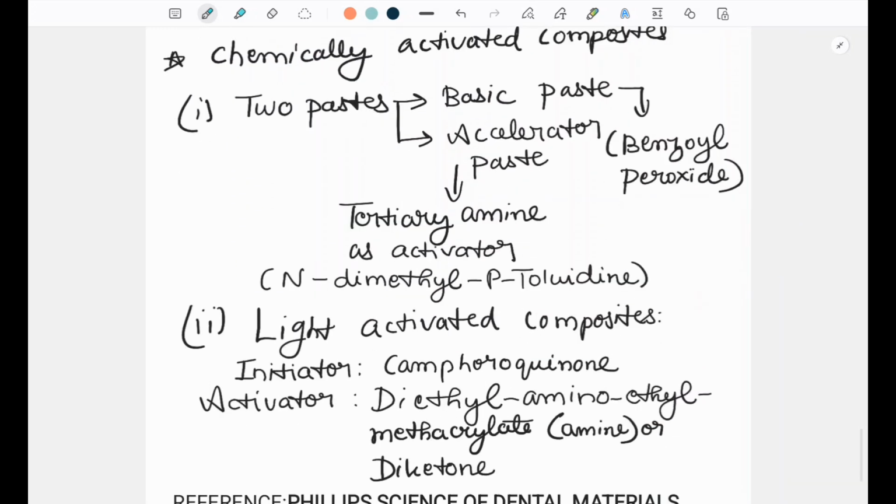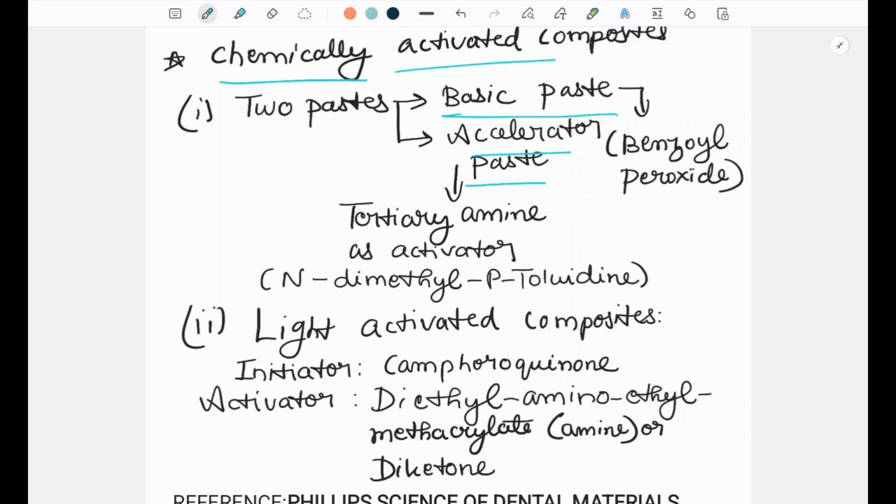And now to briefly see about the chemically activated and light activated composites. So basically they are classified by the type of curing. In chemically activated composites, we have two pastes, the basic paste and accelerator paste. So how do chemically activated composites act? Here we require a particular kind of chemical by which the composite is going to get activated.